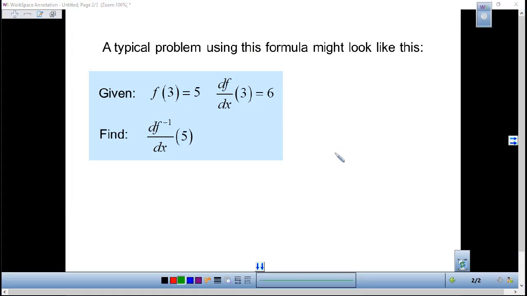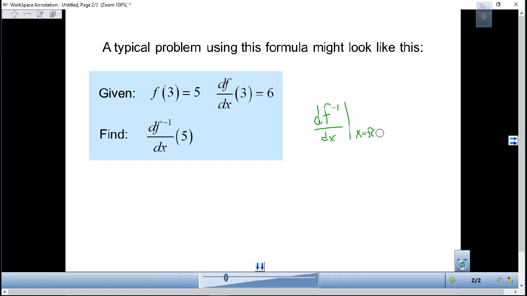Well, using that formula we were just looking at, remember that the derivative of the inverse with respect to x evaluated at x equals f of a, or in this case f of 3, which by the way is 5, is equal to 1 over df dx evaluated when x equals a.